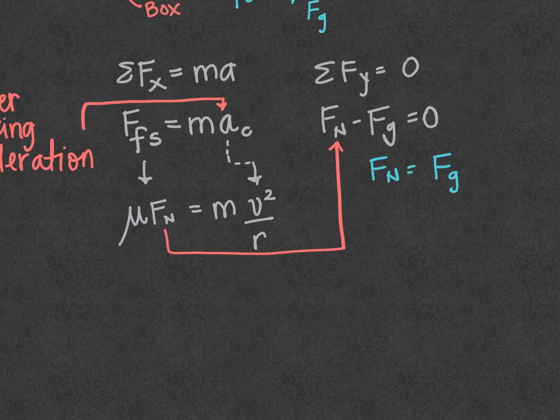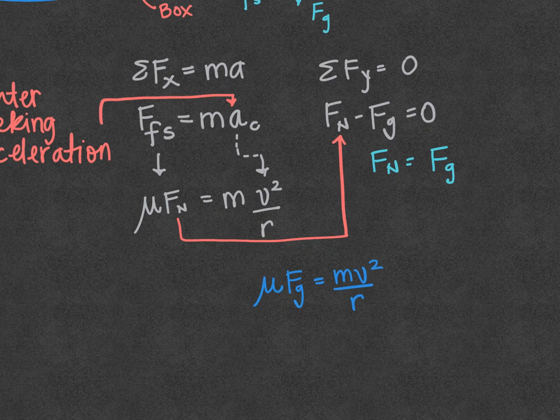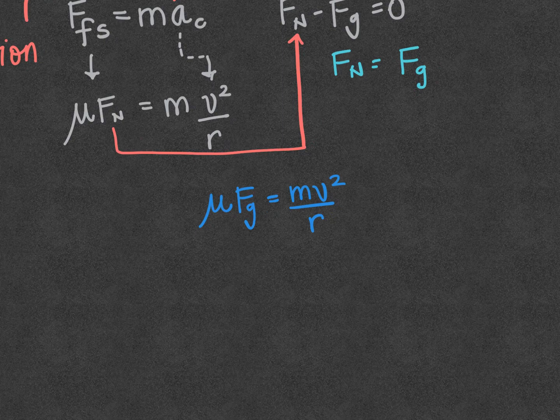And when we do, we'll have that mu times the gravitational force is equal to mv squared over r. Now, the gravitational force is also one that we've studied, and it's equal to m times g, the mass of the object times the gravitational field constant, 9.8 or approximately 10. So that would equal mv squared over r.